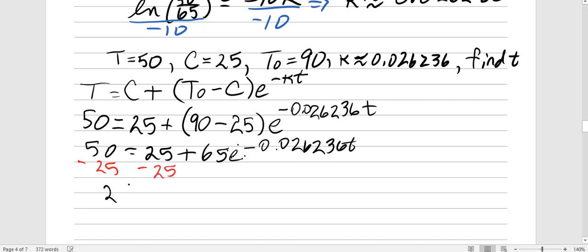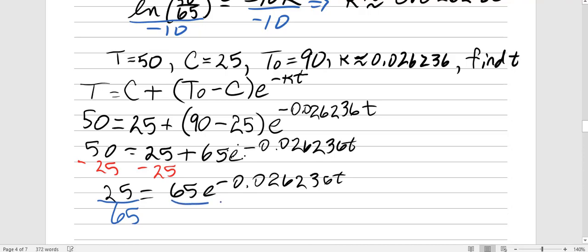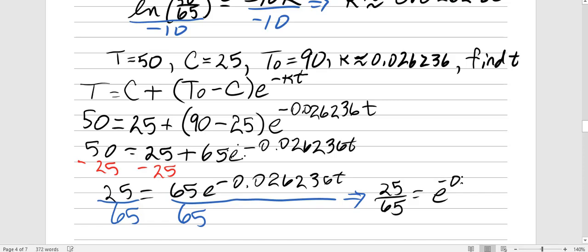And we get 25 equals 65 e to the minus 0.026236 t. And now we're going to divide both sides by 65 to completely isolate the exponential. And we obtain 25 over 65 equals e to the negative 0.026236 t.